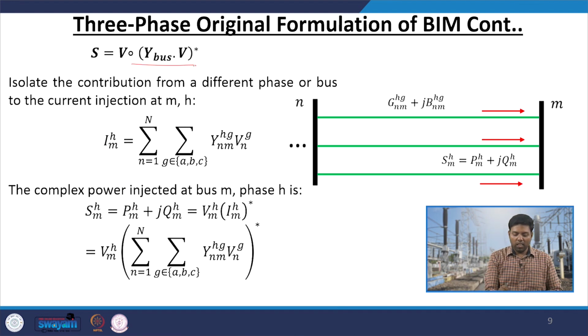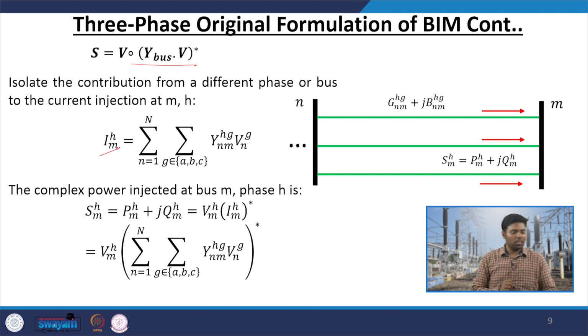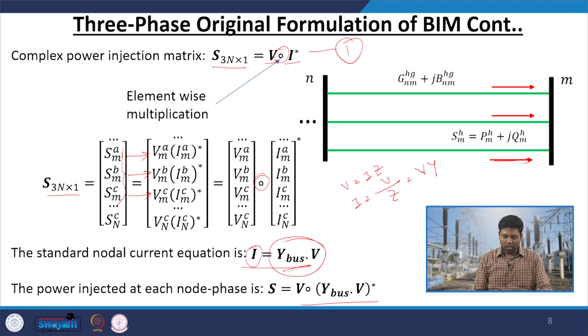So, with this equation, if we expand it on a per phase basis, it is a matrix. If you do the matrix multiplication and addition, expanding that matrix formula, you will get the summation of n equals 1 to capital N, then the summation over the total phases, with the admittance matrix for the current and then the voltage, what we wrote over here.